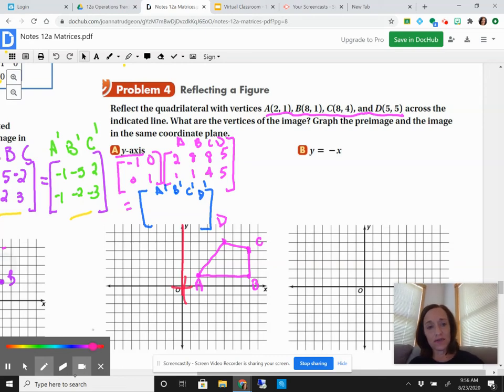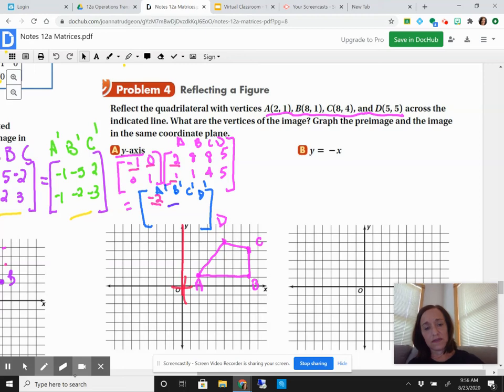So for this spot right here, -1 times 2, that's -2, plus 0 times 1. So that's going to be -2. We'll do this one here. This is going to be -1 times 8 plus 0 times 1.